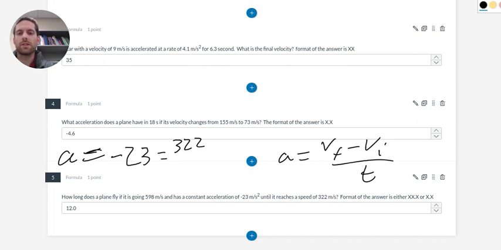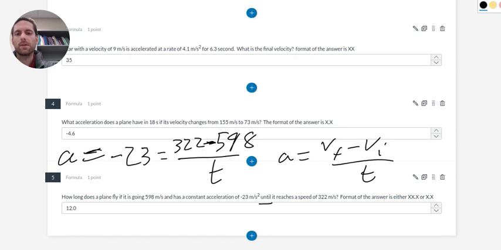Also the keyword until it reaches that final. So it's slowing down. So 322 minus 598 over this time.